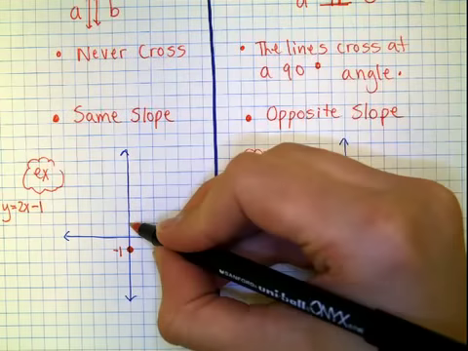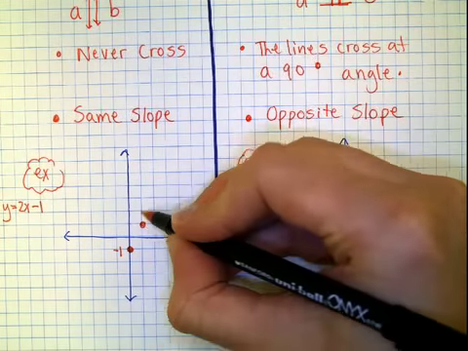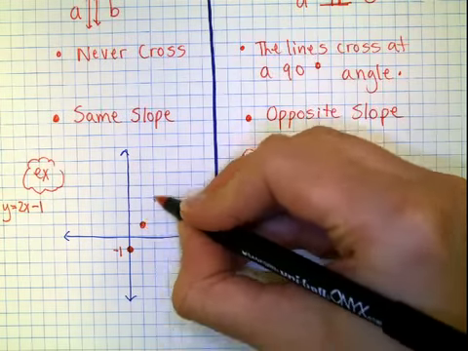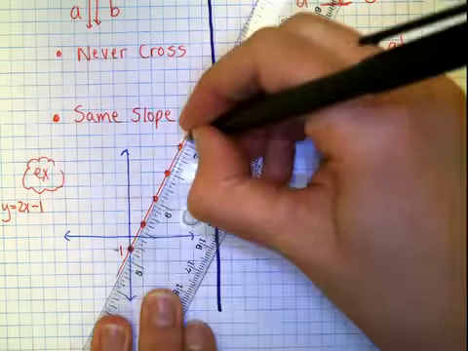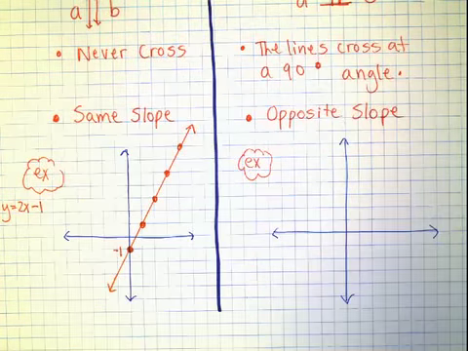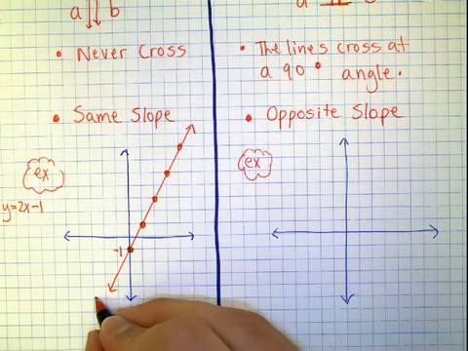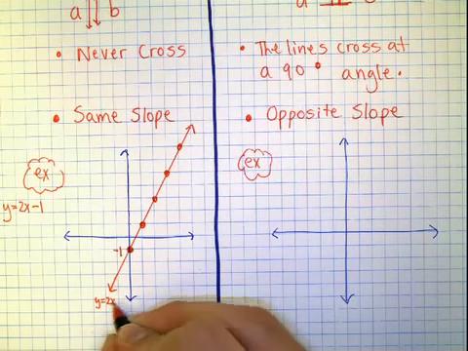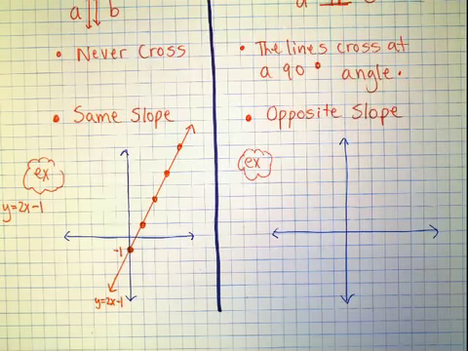So that means it goes up 2 over 1, up 2 over 1, up 2 over 1, up 2 over 1. So if I connected these points, took a ruler, this is my line. This is y equals 2x minus 1. There we go. And I can write, this is y equals 2x minus 1 down at the bottom.